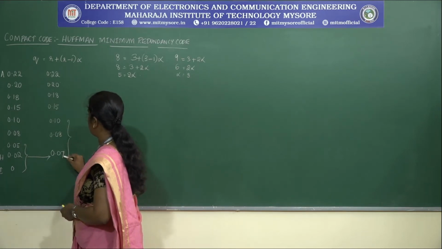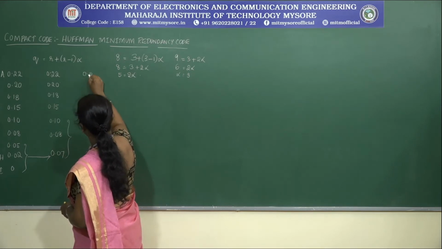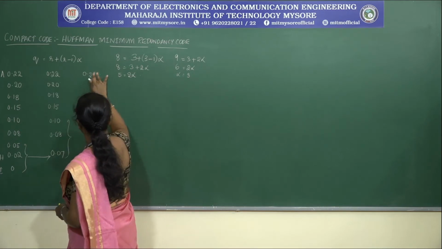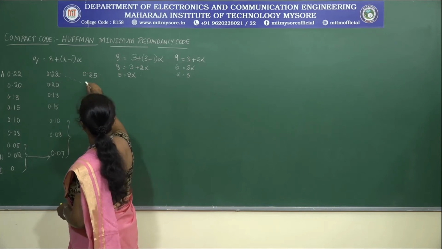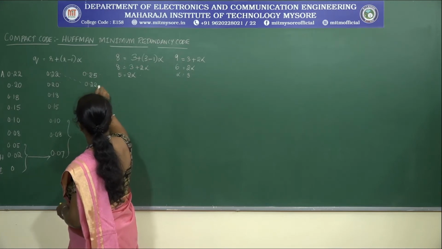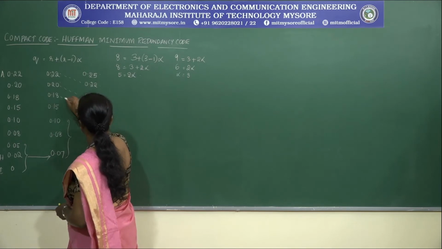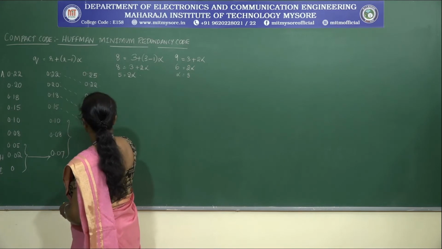So 8 plus 7 is 15, so it is 0.25. So this will be 0.22, 0.20, 0.18, and this is 0.15.